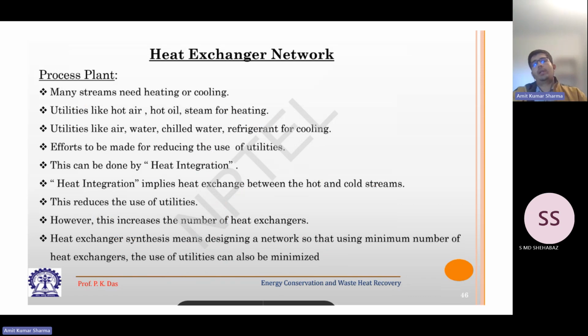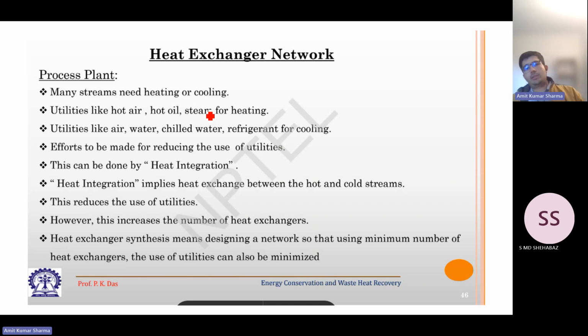Now some notes on heat exchanger networks. In a process plant we have to install a heat exchanger network, because there are multiple units and multiple exhaust streams, and we need to get some heat from this process scheme.